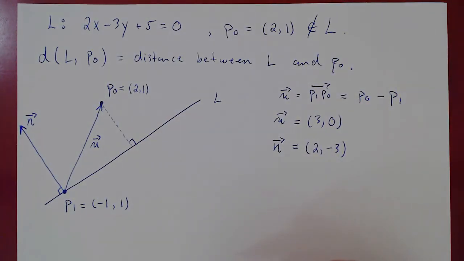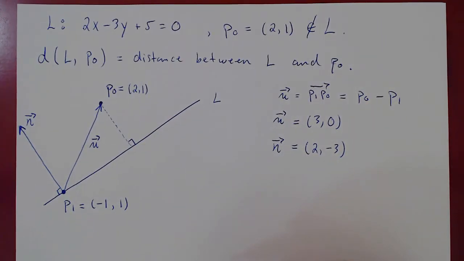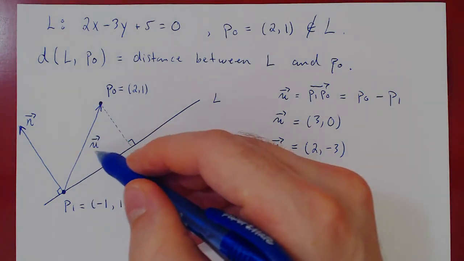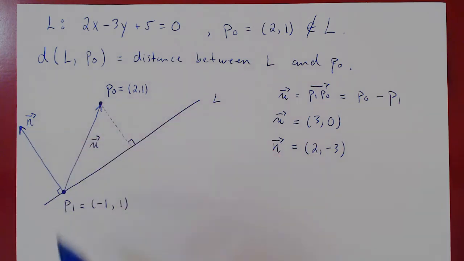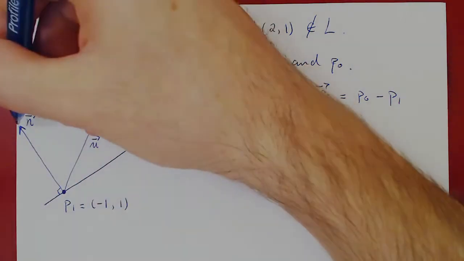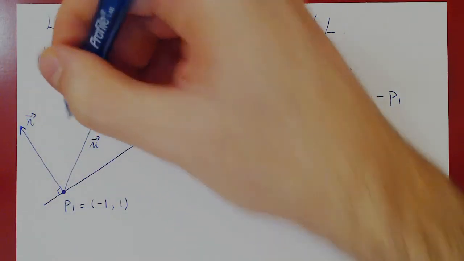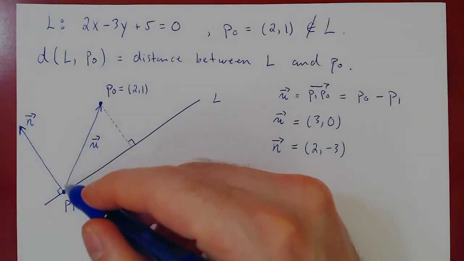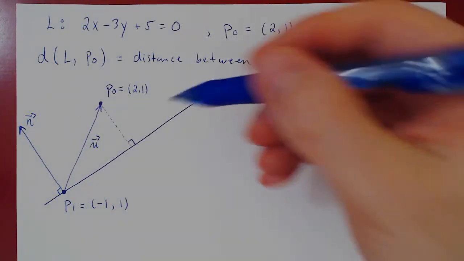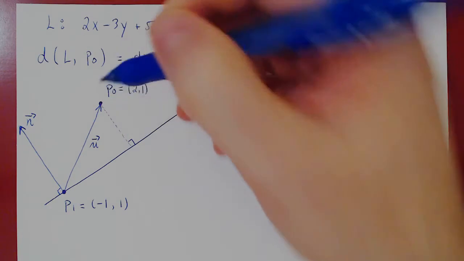And now if you look at the picture, the one thing that we haven't used so far is our concept of orthogonal projections. Look at the picture. We have two vectors, vector u and vector n. If you project vector n onto vector u, you'll have a vector parallel to u, no chance of giving you the distance that you want.